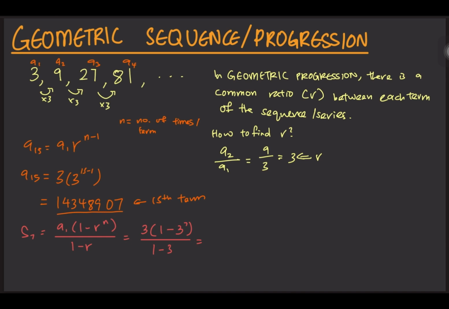Put that into your calculator, and your answer is 3279. This basically is the sum of the first 7 terms of the sequence, or you can call it a series then.